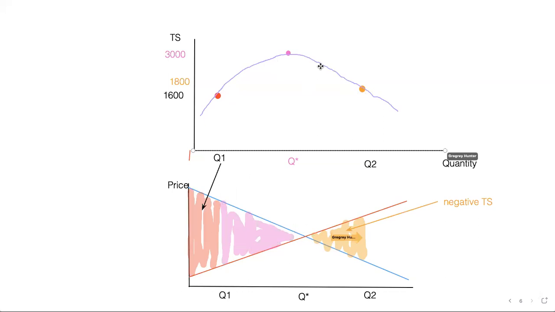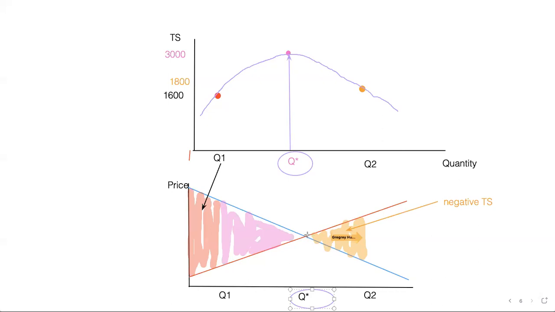The peak of total surplus happens at Q star. That's exactly what we just said, that the market picks this point of output where demand and supply cross. That's how we identify market equilibrium.